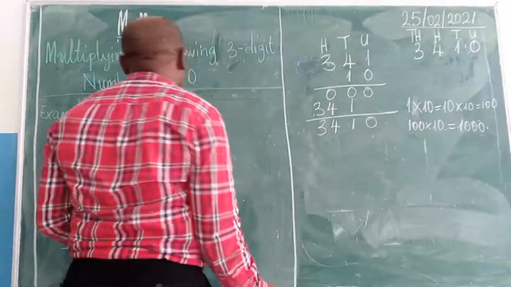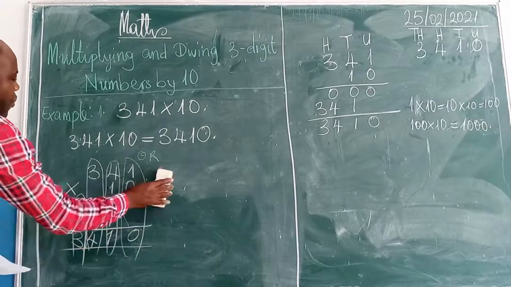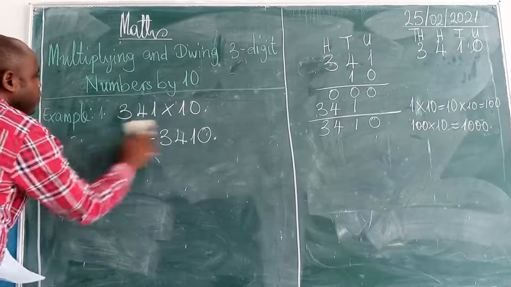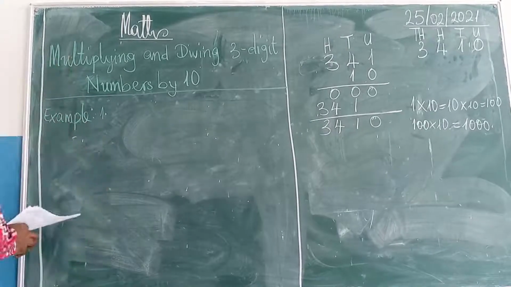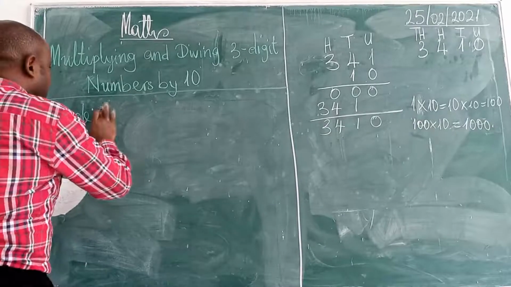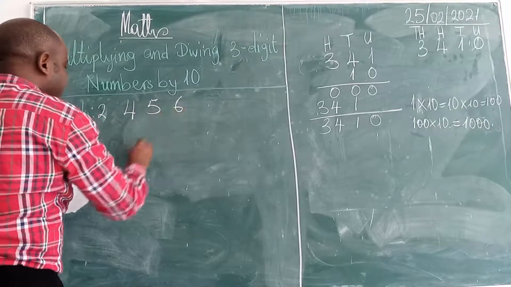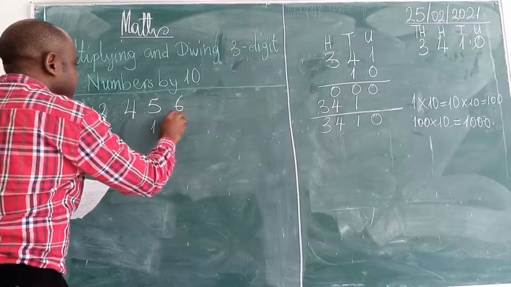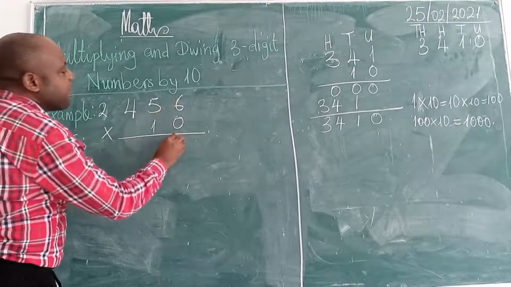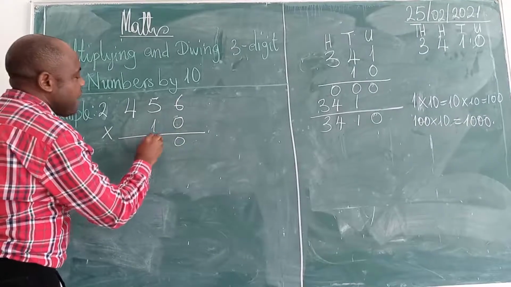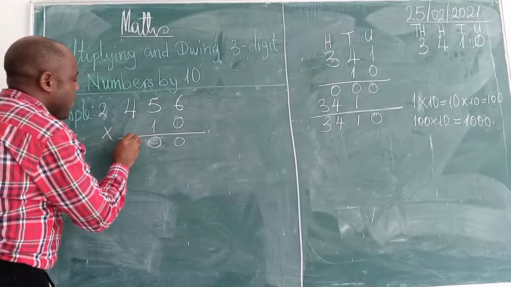Let's take the second example. Example 2: 456 times 10. So we have 0 times 6 gives me 0. 0 times 5 is 0, and 0 times 4 is 0.